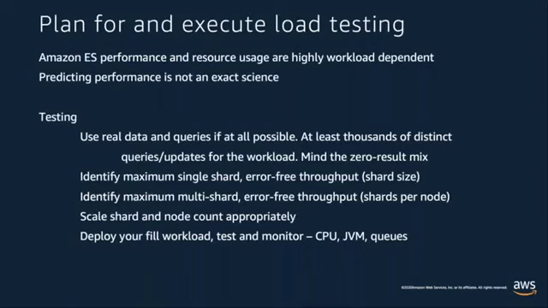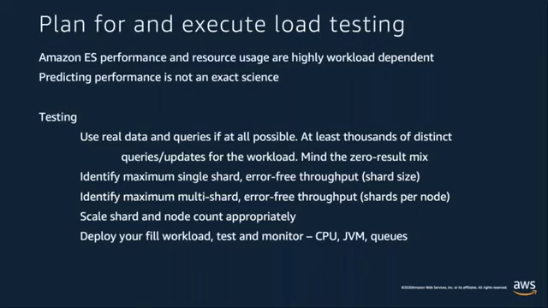Once you understand your optimum shard size, then you want to understand your optimum shard density. So this is more than one shard, still a single index, still a single instance, and you're going to keep increasing your data size in multiples of the optimal shard size and deploy additional primary shards to identify the error-free throughput, the best throughput that you get at any particular shard count.